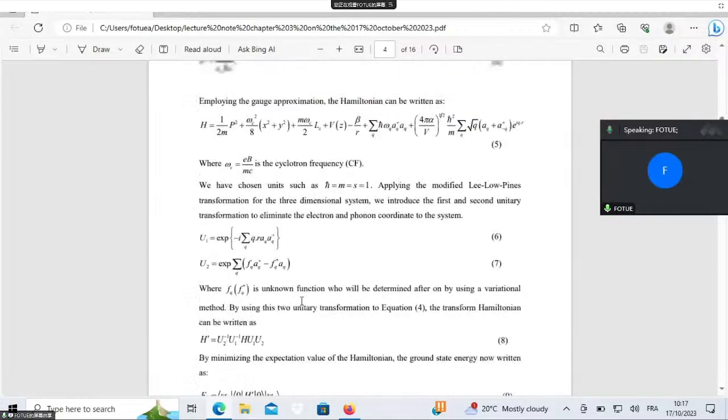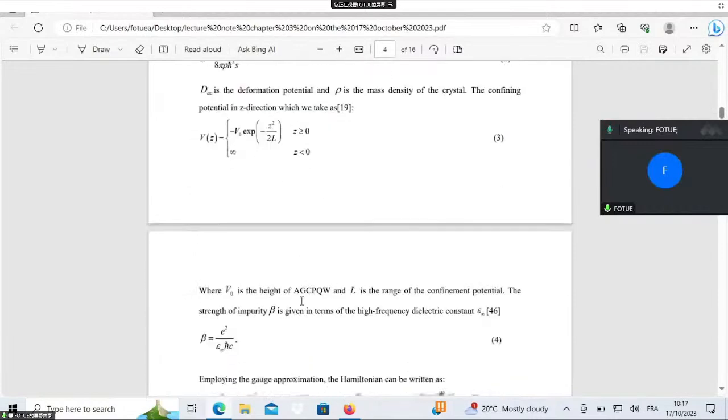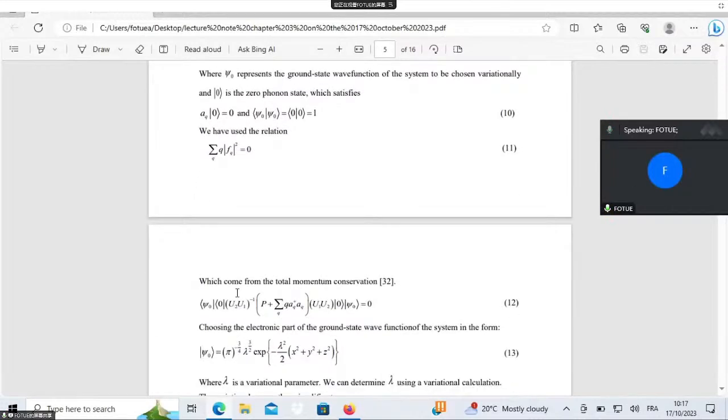So these two unitary transformations, U1 and U2, if we apply them to the total momentum, we obtain 0. It means that this is the conservation of the total momentum. After applying U1 inverse and U2 inverse, and U1, U2 on this total momentum, we take the mean value in the ground state and obtain 0.